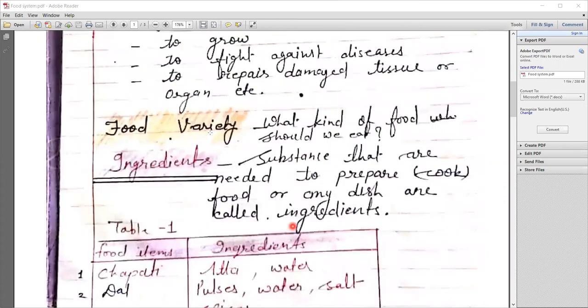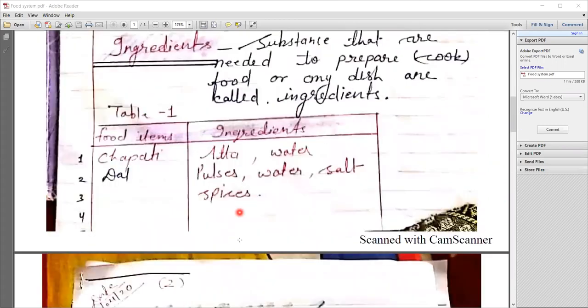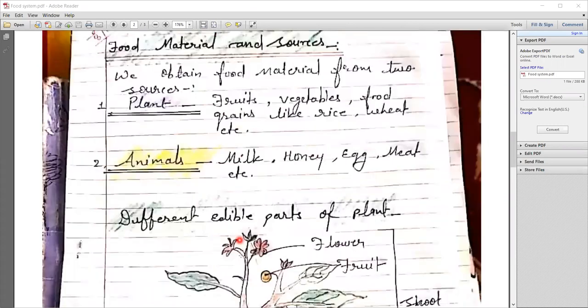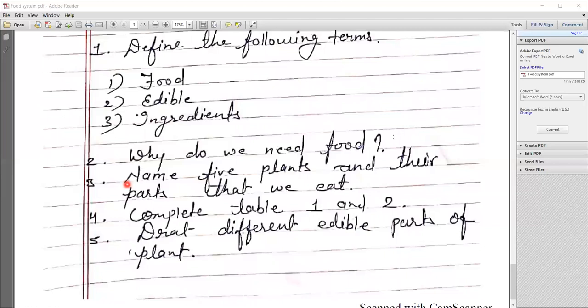Now, the next question is, why do we need food? Here, children, you can easily see the question. This answer you will also get from the notes.